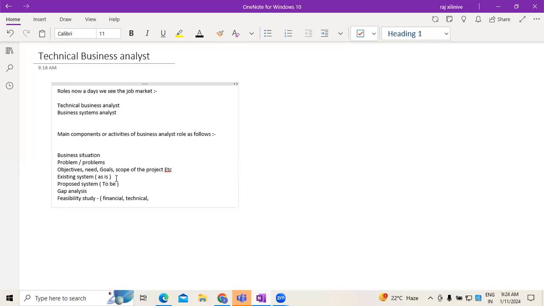So financial feasibility, technical feasibility, operational feasibility, regulatory feasibility, all these things we have to do. At the same time, we need to understand root cause analysis, because whenever we are trying to understand the existing system and the proposed system, there are different techniques we use for root cause analysis. This is all something we do majorly, point number one.